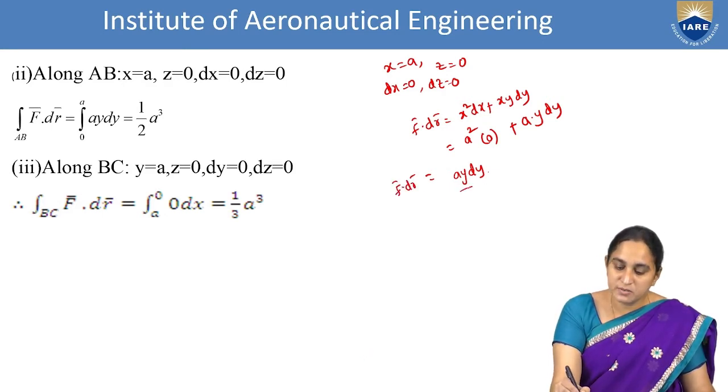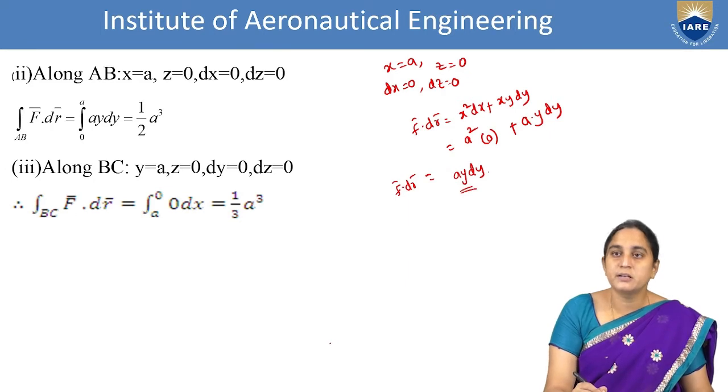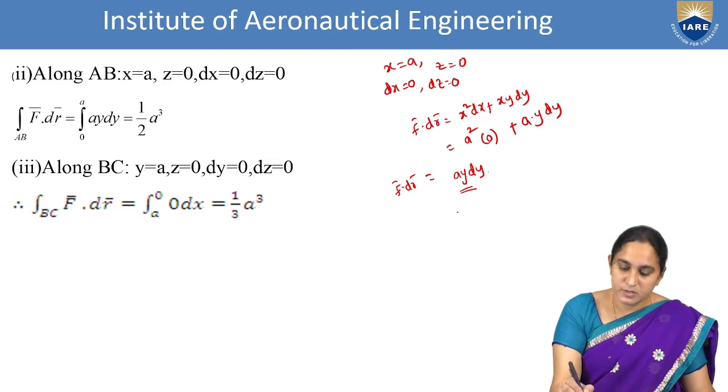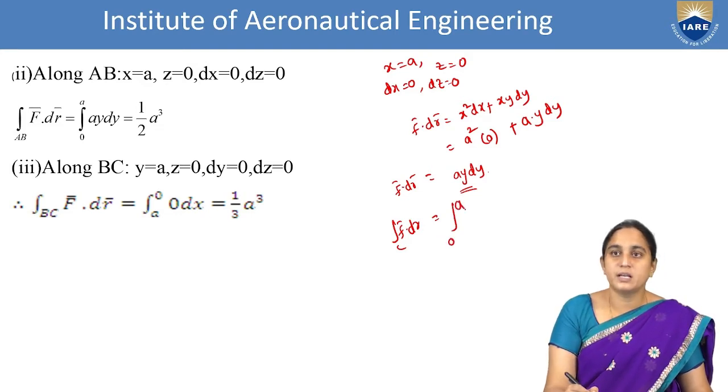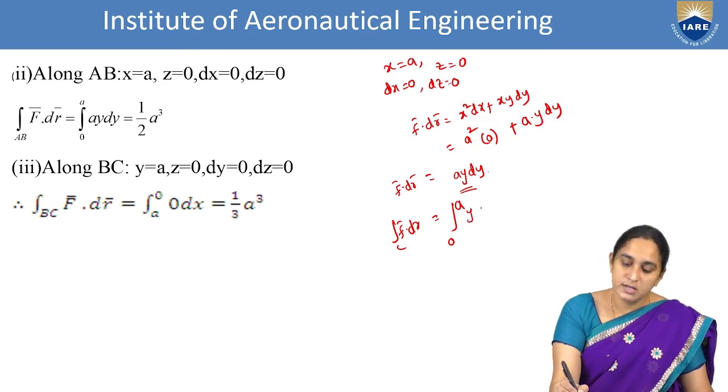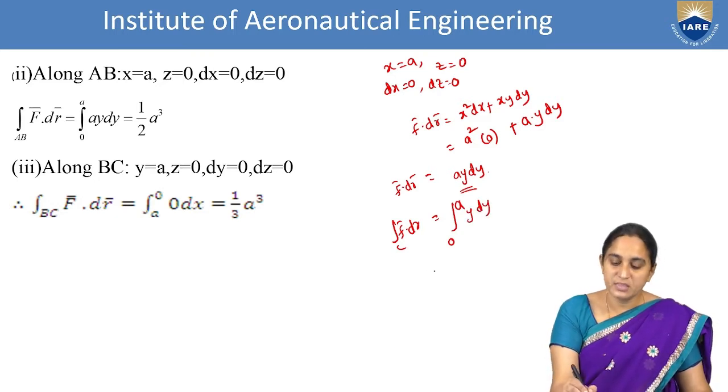Once you observe F dot dr is completely in terms of y, I can substitute the y limit points. The y limits from the diagram are 0 to a, so a into the integral of y dy.